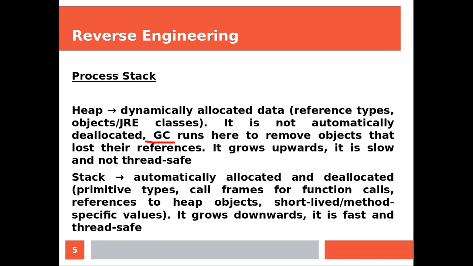It grows upwards, it's slow, and it's not thread safe. The stack instead is automatically allocated and deallocated. Primitive types, call frames or function calls, references to heap objects, and so on. It grows downwards, it is fast, and thread safe.